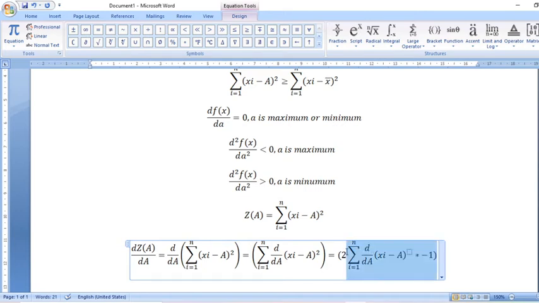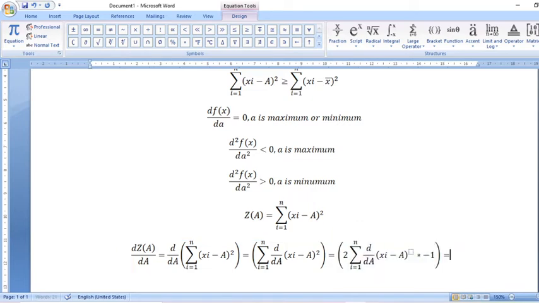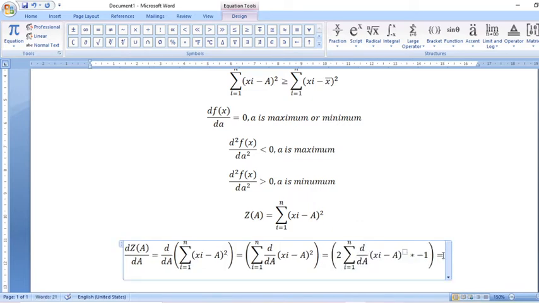So we can take this minus 1 outside, and the 2 is already taken outside.